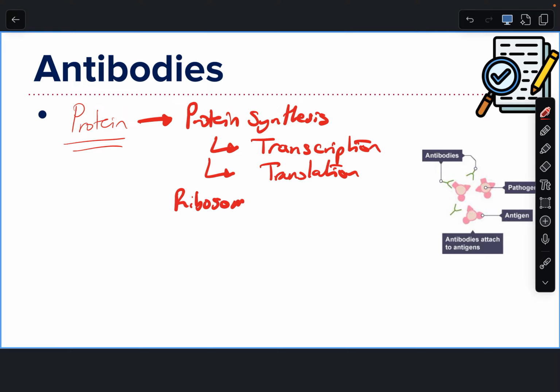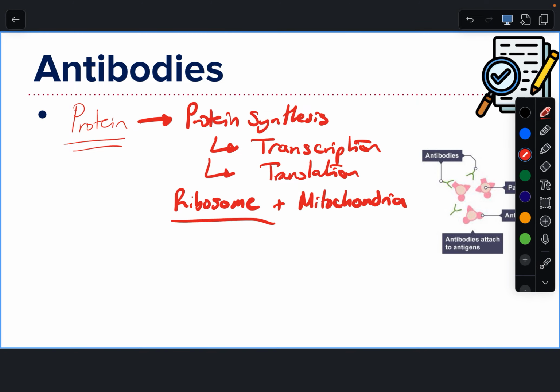So any cell that produces a protein will have lots of ribosomes. In particular, a cell that produces antibodies will have lots of ribosomes. And you'll also need to release lots of energy in order to produce those proteins. So that cell will have lots and lots of mitochondria. So that's just an application question. So you know what cells look like, but this is now linking it specifically to the function of proteins.